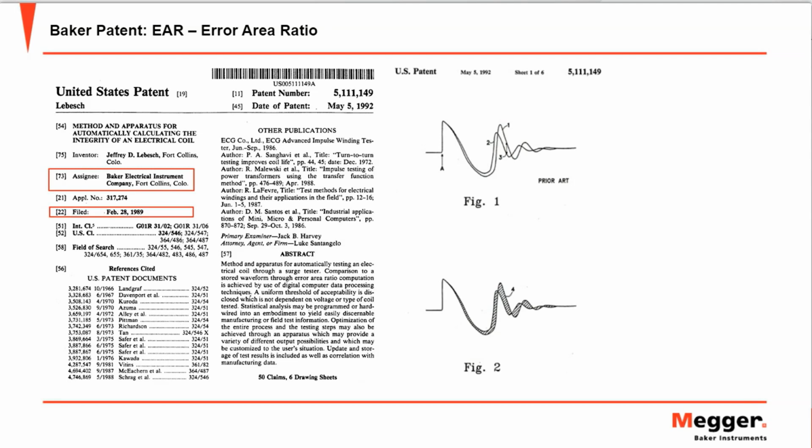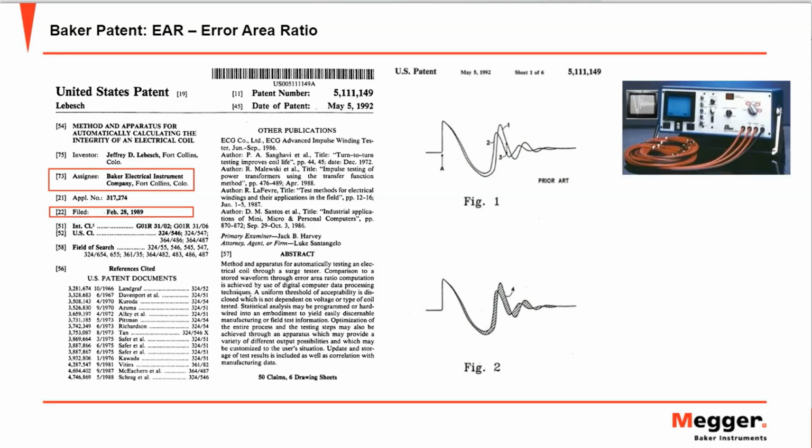What is this about? In the past, with our old testers, like the ST models, we needed to draw two waveforms and compare them visually to see if the two patterns were identical and overlapping.